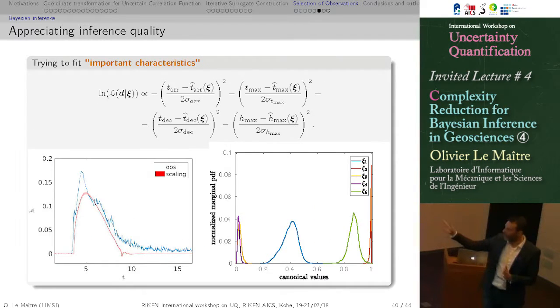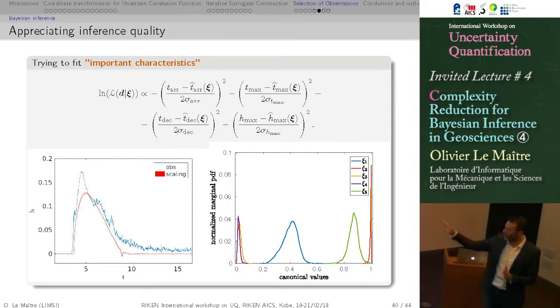So what we did is that we tried to base our inference on some important characteristics or features, which are the arrival time, the time at which you reach the maximum, the time it takes to decay to a certain fraction of the maximum value, and also the level at the maximum.